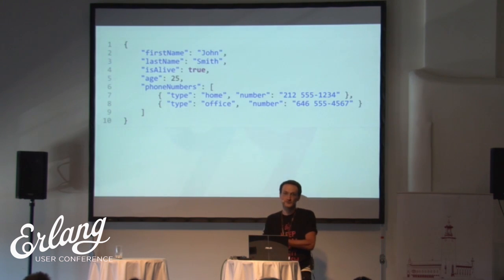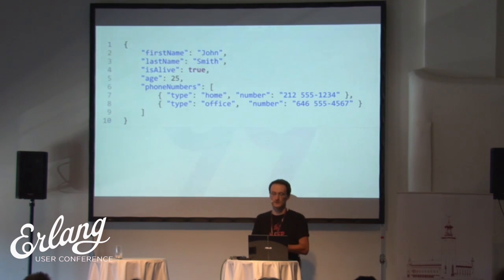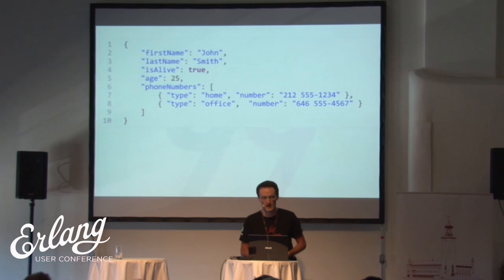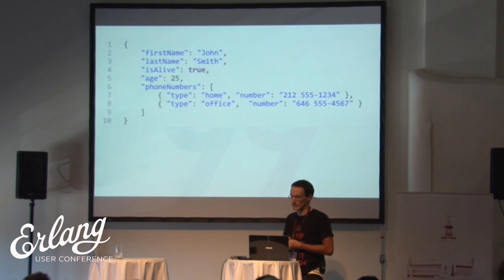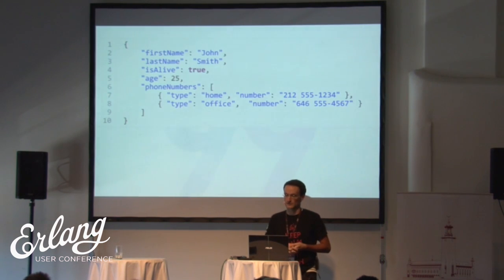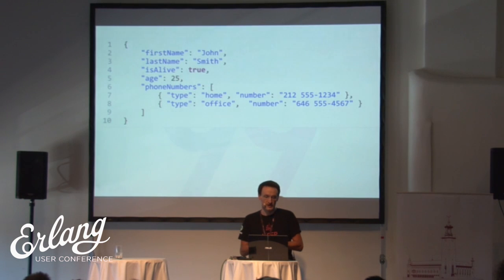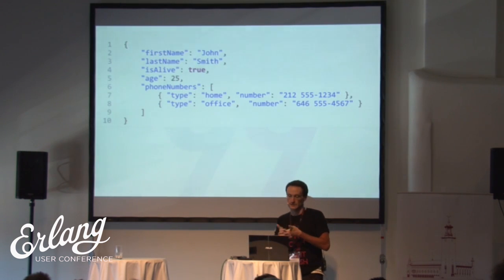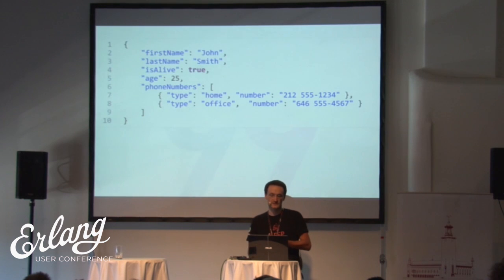Because they have not only one user, they have 100 users instead. And they have tons of information that is shared between the different users. They all have an age, they all have phone numbers, and so on. So here you can see, even in this small example, that there is some redundancy. In the phone numbers, we have a key that is named type, and we have a key that is named number. And by seeing this, I thought, why are we sending this string over and over and over?